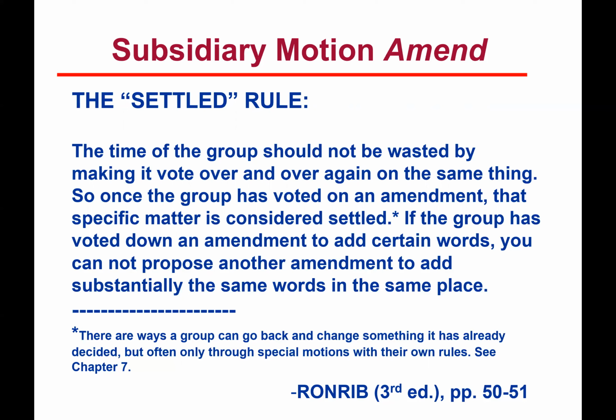If the group has voted down an amendment to add certain words, you cannot again have somebody rise to make another amendment to put those words back in again, because that's settled, right?